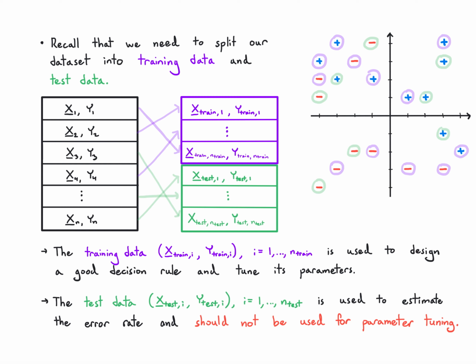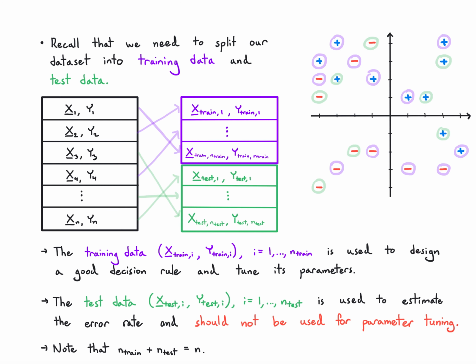So really, only training data can be used as part of the classifier design. And just note, for notation, n train plus n test, the number of training examples plus the number of test examples, is just equal to the number of total examples, n.